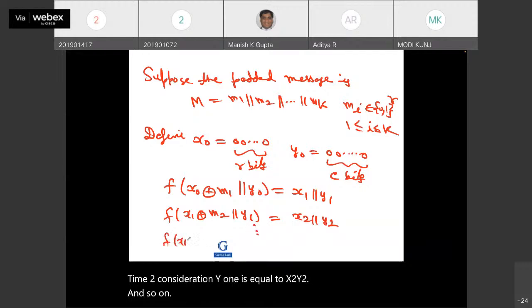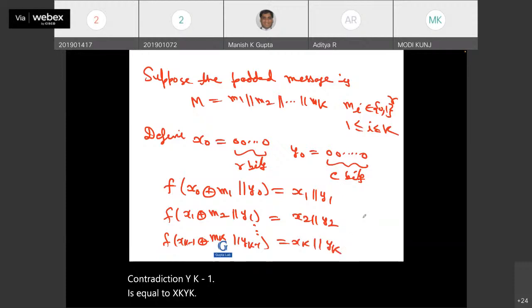The function applied to X(k-1) XOR Mk concatenated with Y(k-1) is equal to Xk concatenated with Yk. So the Xi's are bit strings of length R and the Yi's are bit strings of length C.